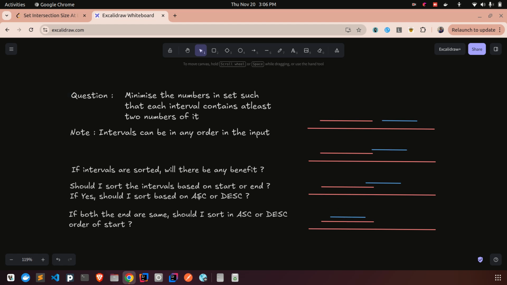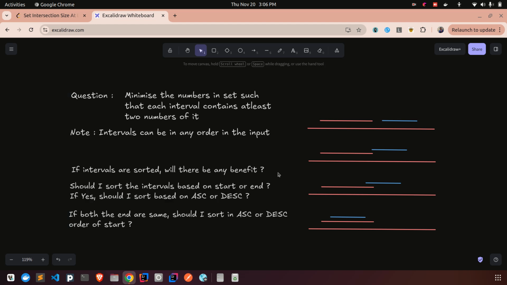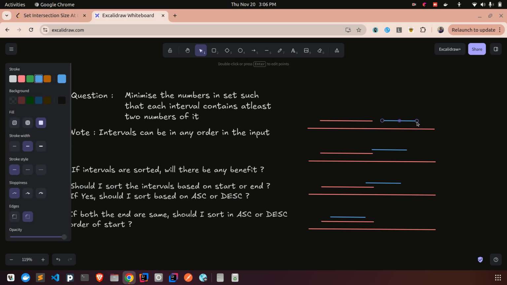Now the question arises: should we sort based on ascending order of the start or ascending order of the end? If we sort based on the end, the intervals with a smaller end will always come in the initial stage, and the intervals with a higher end will come after.